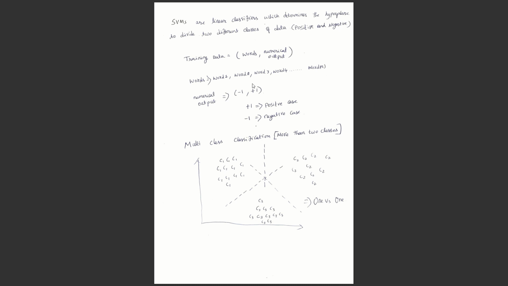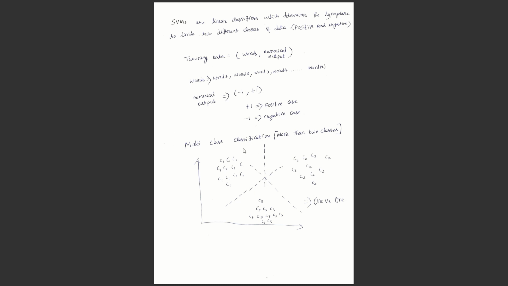So let's look into the types involved in support vector machines. Multi-class classification will have more than two classes, as we saw before as well. So C1, C2, C3 are represented like this, three different car reviews. And you can see here we are dividing the car reviews by a plane.